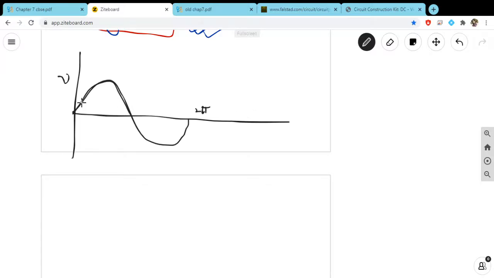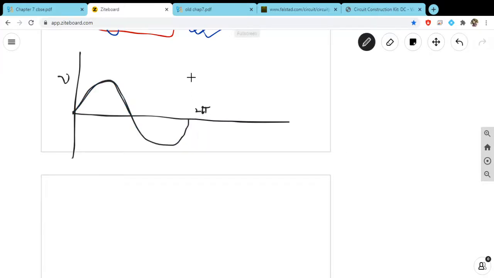So voltage changes its value at different time spots. Let's say at 1 second it has 1 volt, at 2 seconds it is 2 volt, at 3 seconds it increases. So at different time intervals it changes its instantaneous values. The obvious question is, what is the average value of the voltage up to 2 pi?